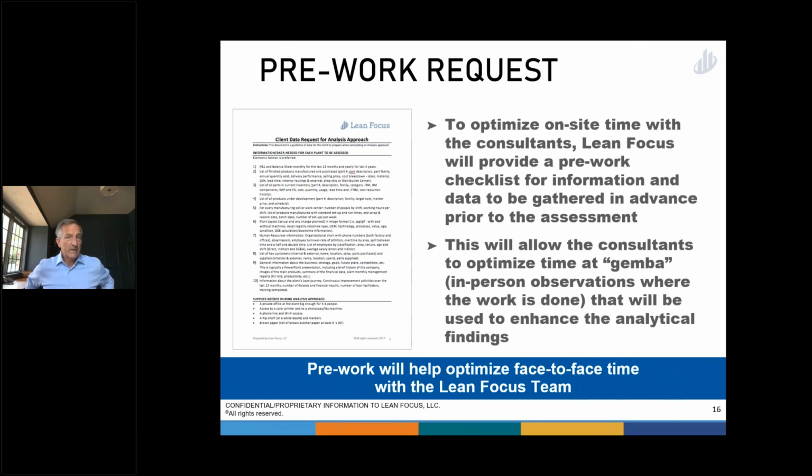So one of the things that we do is we have a pre-work checklist that we will provide to you usually about 4 weeks ahead of doing the on-site work, and this really is just a way to help optimize the on-site time, so that we have a good sense of where there are issues, where there's inventory buildups, and whether inventory is even a problem by looking at the days on hand and the trends and those types of things.